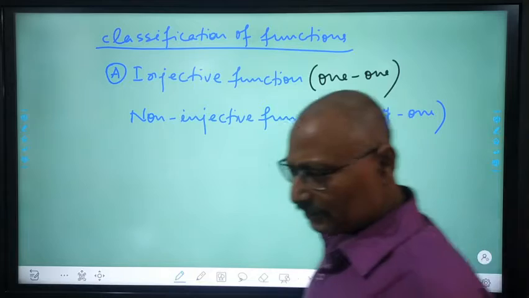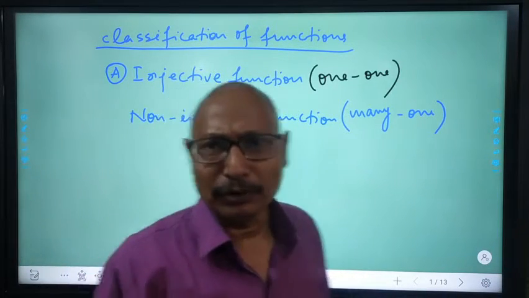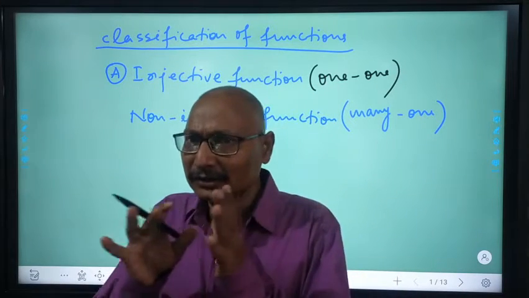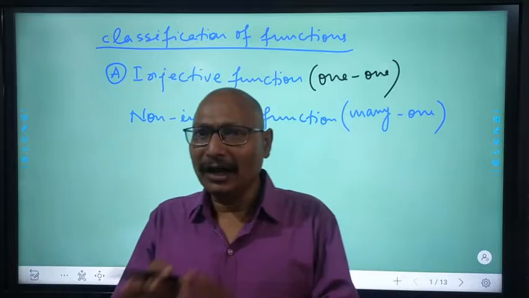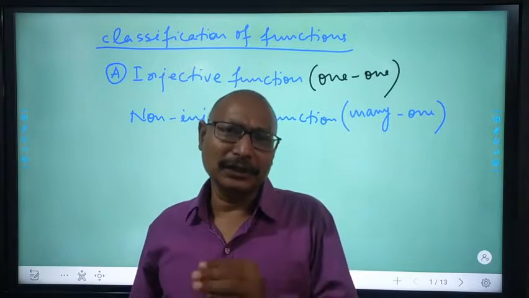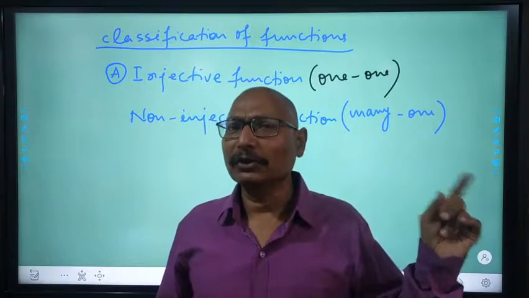As the name suggests, one-one function means each element of the domain is paired so as to have a different image. So different elements of the domain have different images under an injective function.